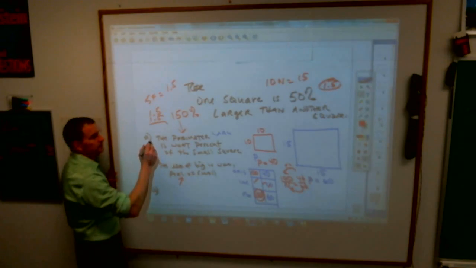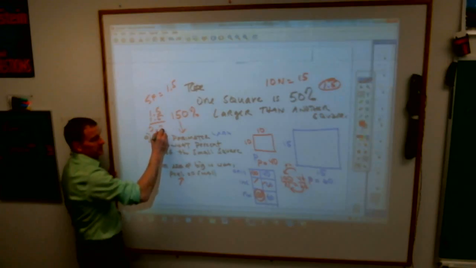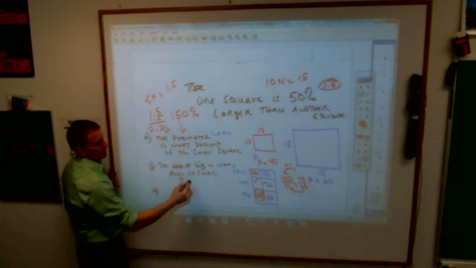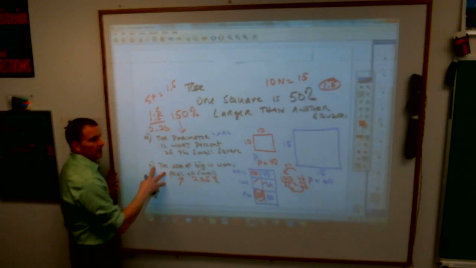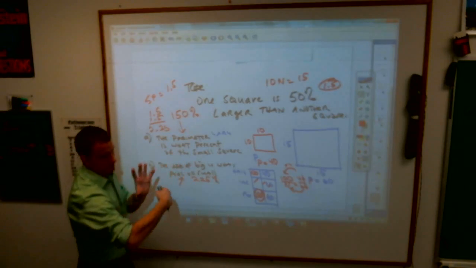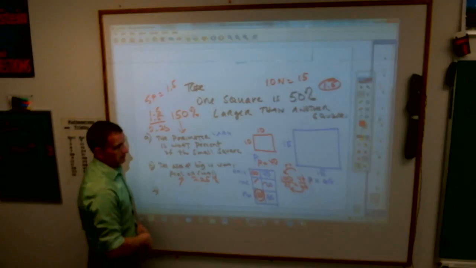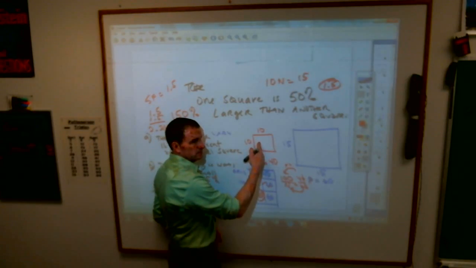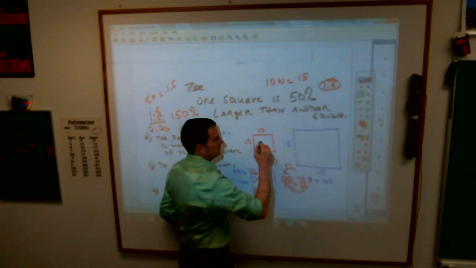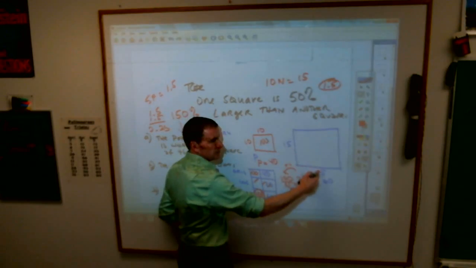Which is what percent? I am going to hopefully get 225% when I'm all done, because area is scale factor squared. Let's look at this. What's the area of this one? 100. What's the area of this one?